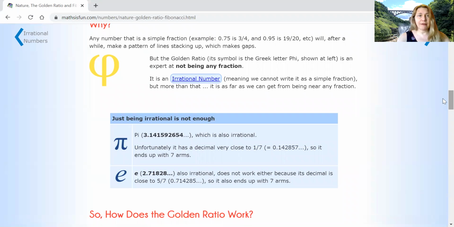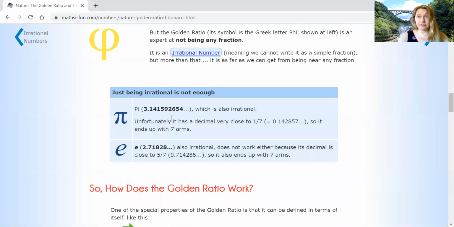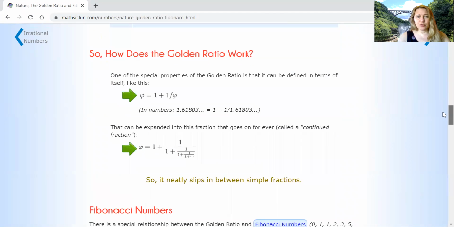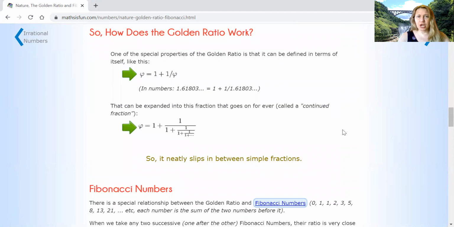And so we've talked about the fact that phi is an irrational number, and they show down here a couple of the other ones. We mentioned these in class, right? Pi and e. So it's a non-repeating, non-terminating decimal, and it cannot be represented as a fraction. A couple of other things that are on here. This is another way to derive the golden ratio.